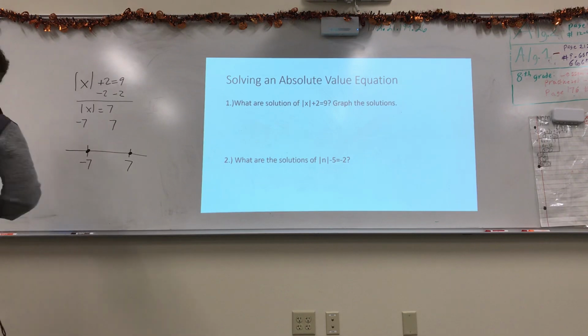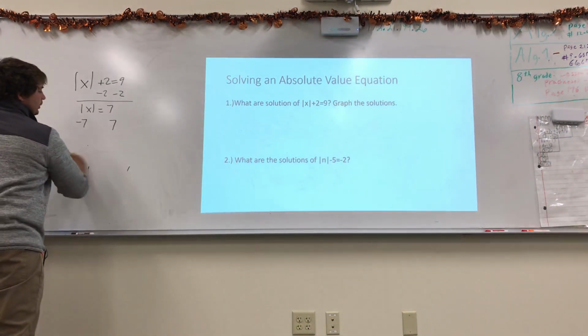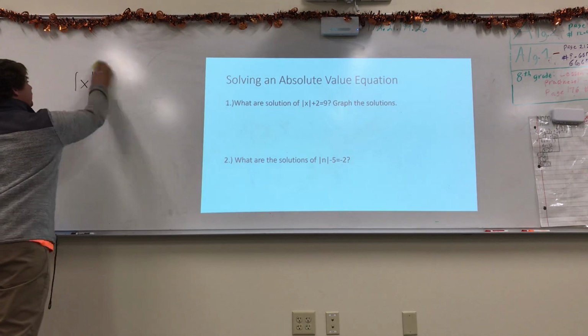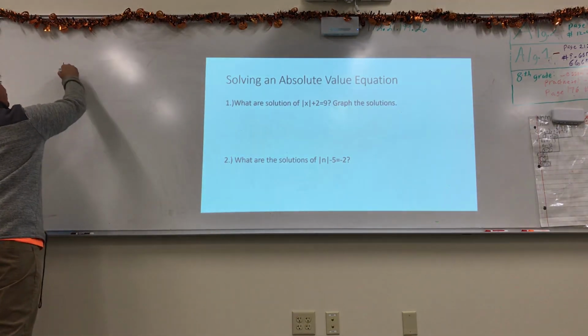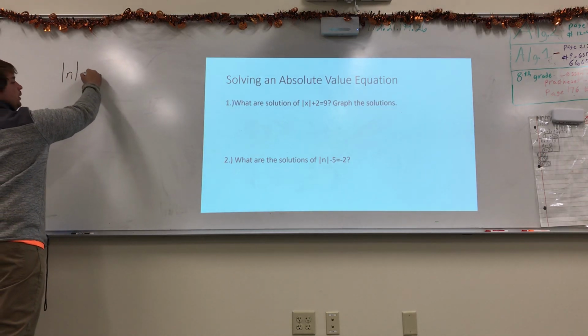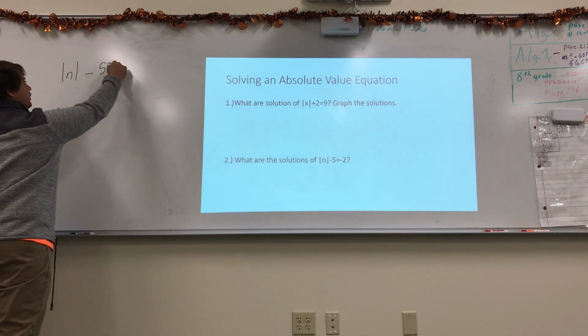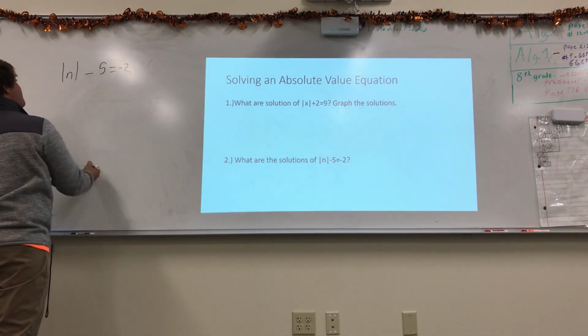Let's do the next one. What are the solutions of the absolute value of n minus 5 equals negative 2? You have the absolute value of n minus 5 equals negative 2.